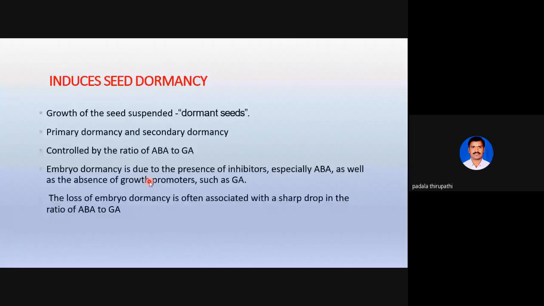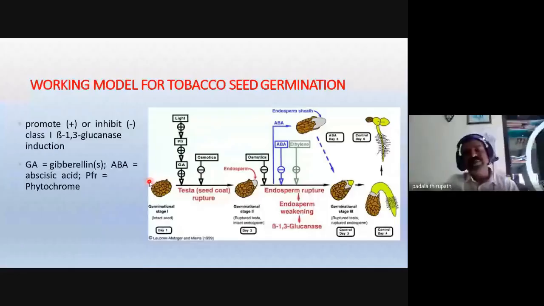Model for tobacco seed germination. This is the tobacco seed germination, showing how abscisic acid, gibberellic acid and other phytohormones are responsible. Plus shows promotion and minus shows inhibition.